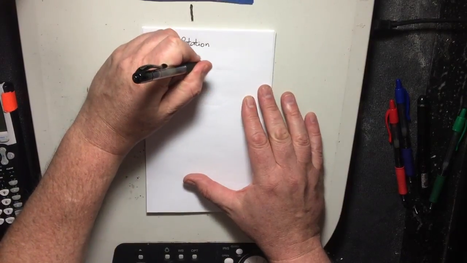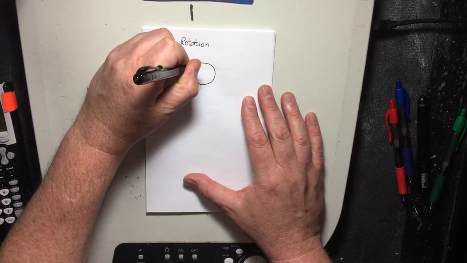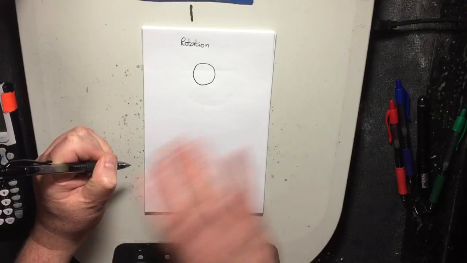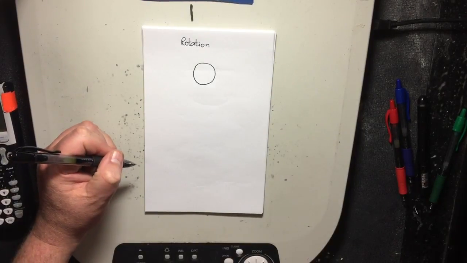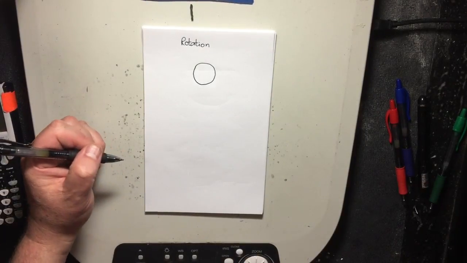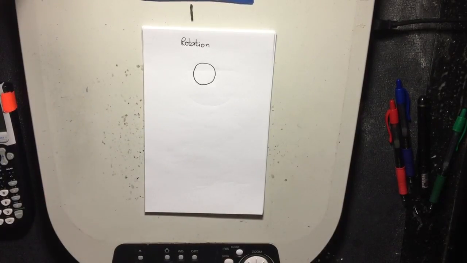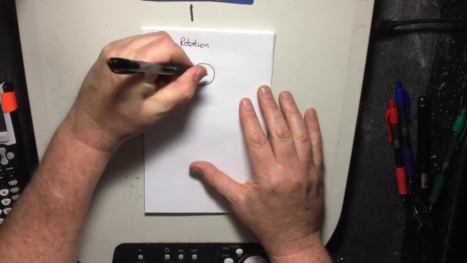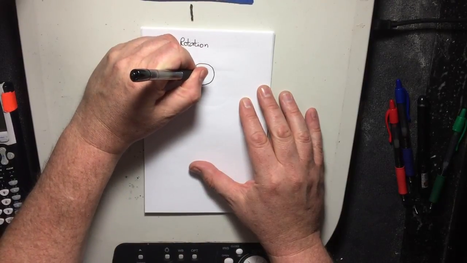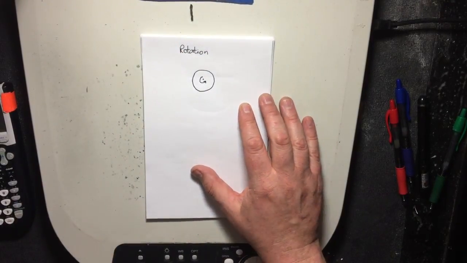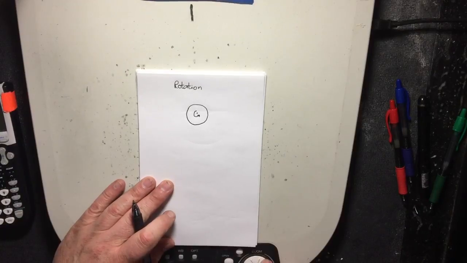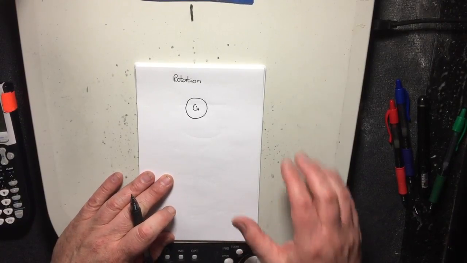What we have here is a circle. We can think of it like a merry-go-round on a playground, just like a disc, just a big disc that rotates about a single point. And what I'm going to do is I'm going to blow that up.